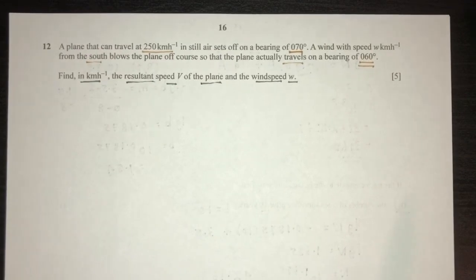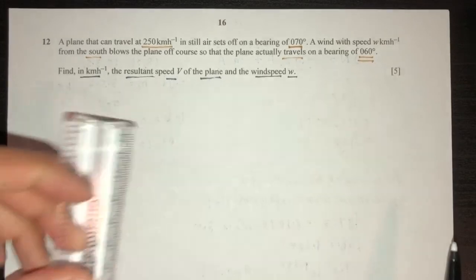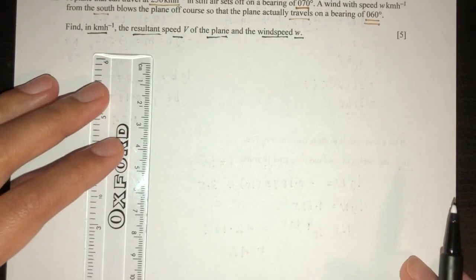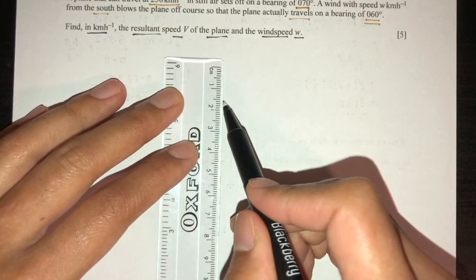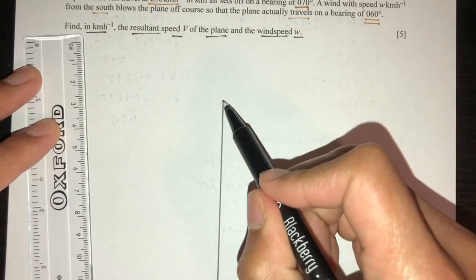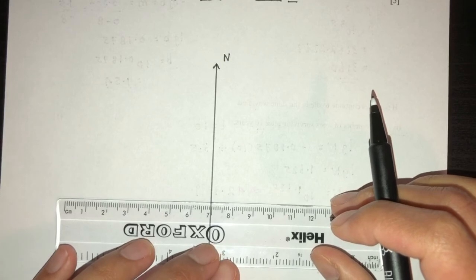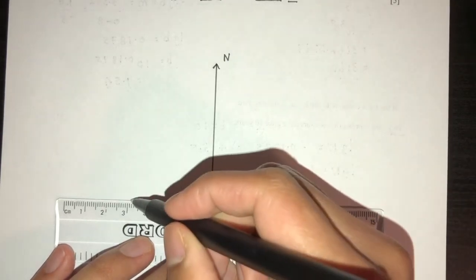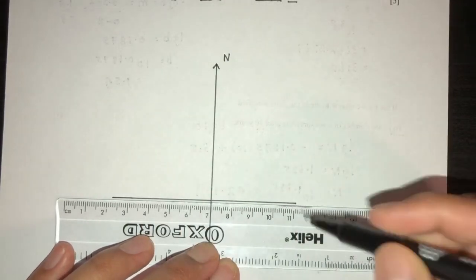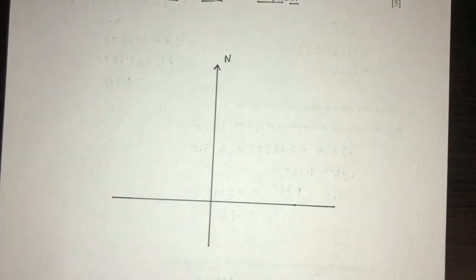So we have to find two things, the resultant speed and the wind speed W. So let's see how we can find this. It is always best to draw something so we can understand what's happening. So first thing we have to draw is our north line. This is the north line, and here we have the right and left side to guide us about the directions. If you have a compass, you can always use that.